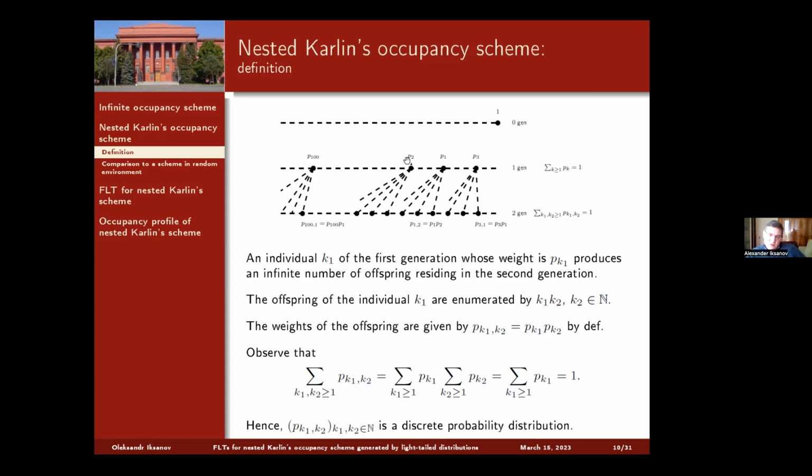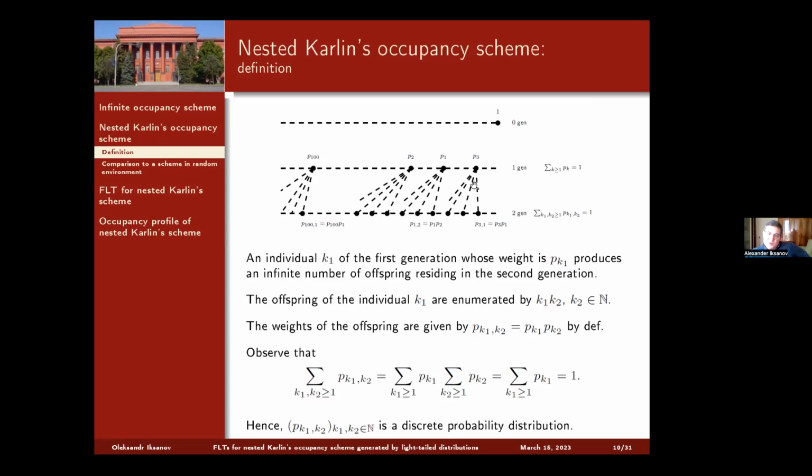For instance, we can think of this individual who produces infinite number of offspring. And the offspring of the individual k1 are enumerated by k11, k12, and so on. And the weights of the offspring are given by the products pk1 times p1, pk1 times p2, and so on, by definition. And the other individuals of the first generation act analogously.